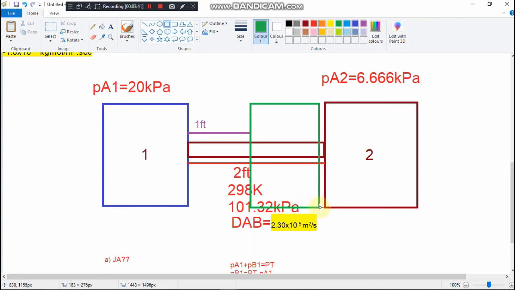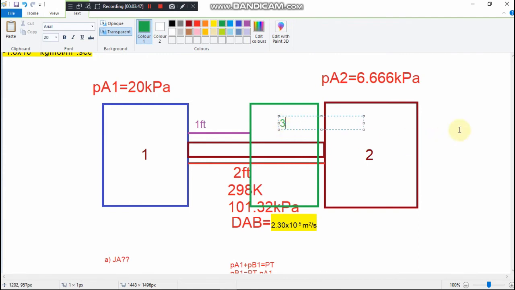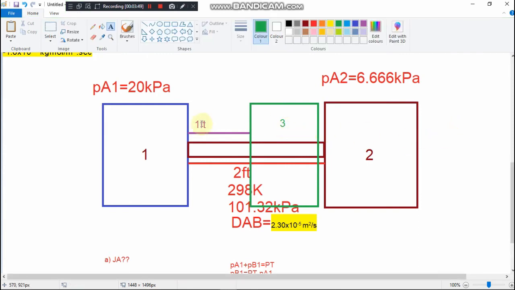This will be chamber number 3. So the question asks you to find the partial pressure PA3, because this is chamber number 3. PA2 is for chamber number 2, PA1 is for chamber number 1.